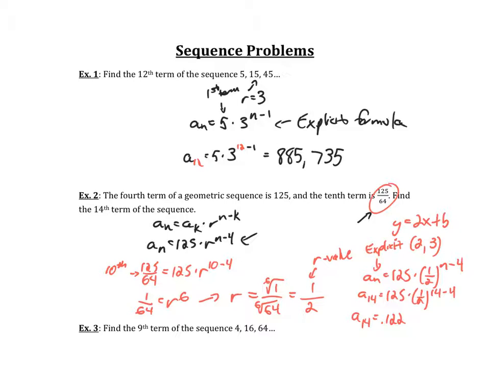It was similar to being given an equation of a line and needing to solve for b: you would plug in 3 for y and 2 for x to solve for b. It's that similar idea, but now we're just solving for r. And then once we had r, it allowed me to find the explicit formula, and then once I have the explicit formula, I can plug in 14.